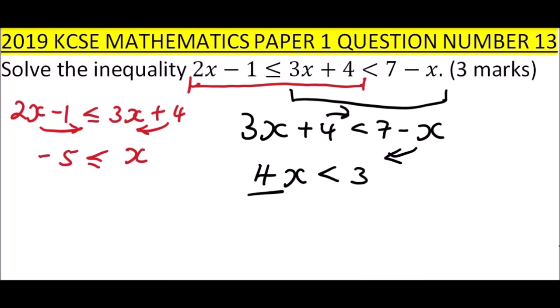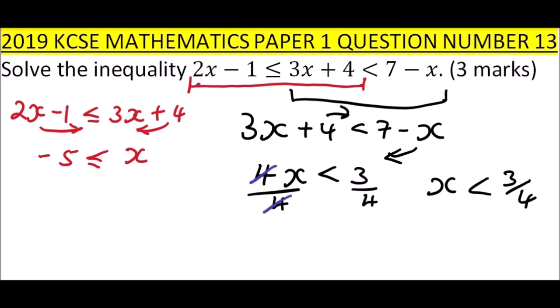We simplify by dividing by 4 throughout. So you get our x is less than 3/4.